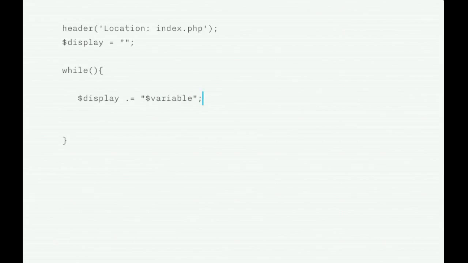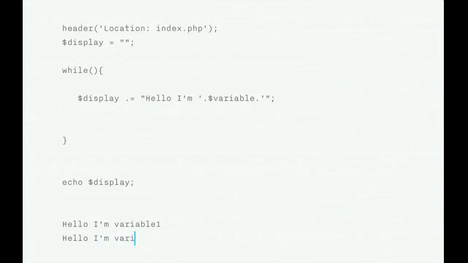So you can have a string in there. You could have hello, I'm $variable, and then when you echo $display, you'll have hello, I'm, like that, etc. It literally just adds it on, and it's the easiest way to do it.